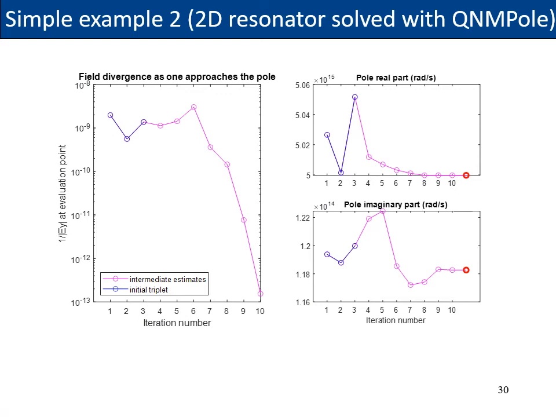For an accurate calculation, the electric field at the final iteration should be several orders of magnitude larger compared to the result of the initial iteration.